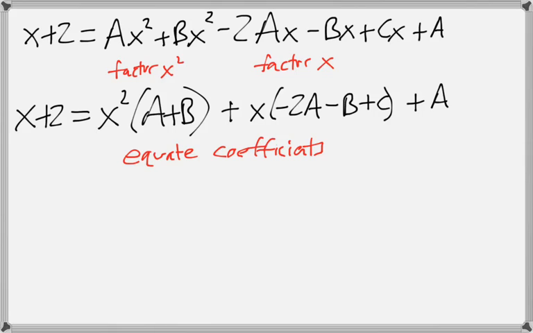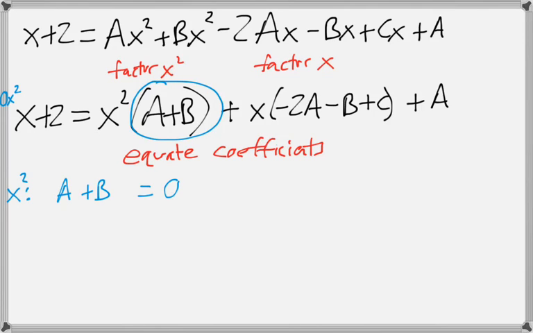So on the right hand side I have a plus b being multiplied by x squared. And on the left hand side I don't even have an x squared. So if you wanted to, you could put a 0x squared. So our x squared equation is going to be a plus b is equal to 0.